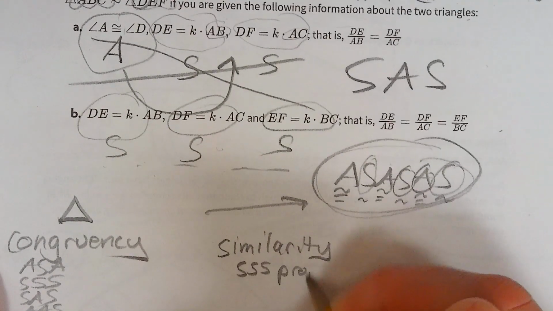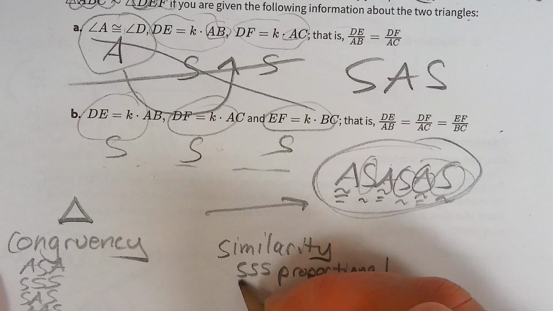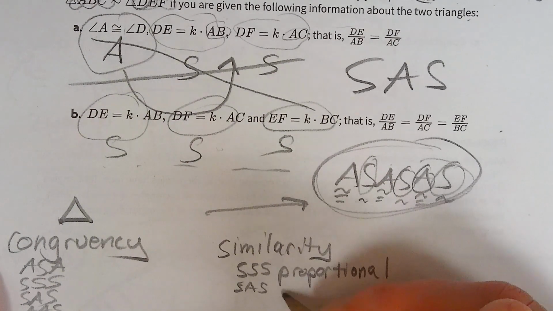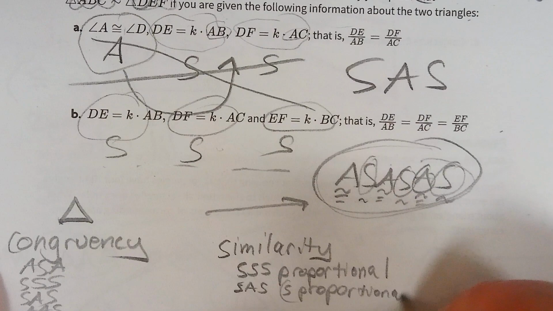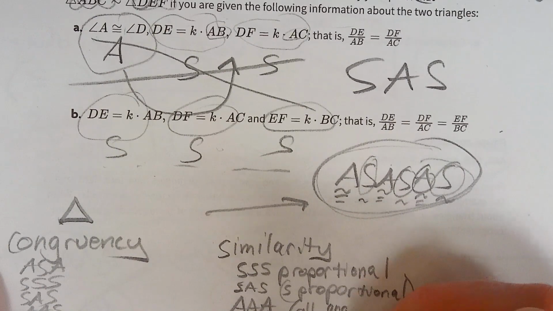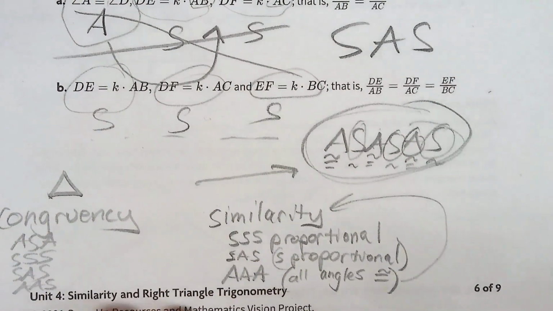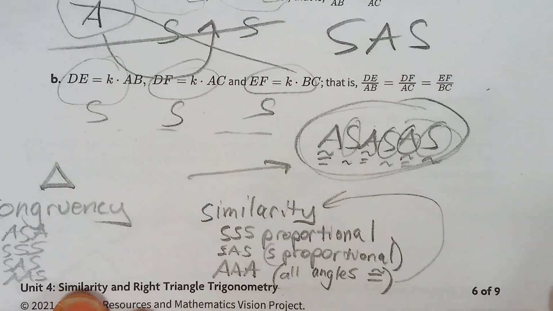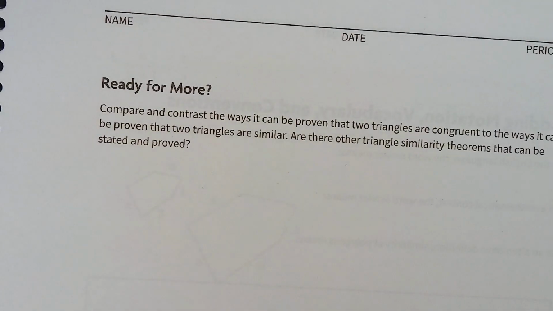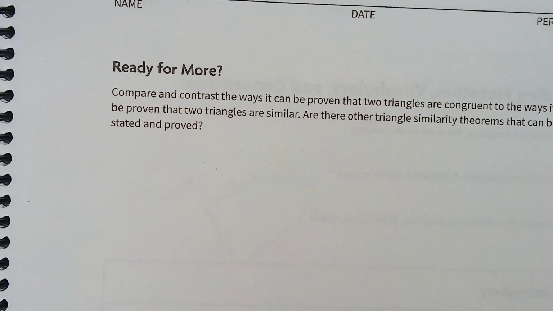SSS proportion, SAS, where the S's are proportional, and AAA, all angles congruent. It's weird, all angles being congruent proves similarity, but all angles congruent does not prove congruency. Interesting. Wow, wonderful. All right, that's it. On to the homework, or in this case, the homework key.